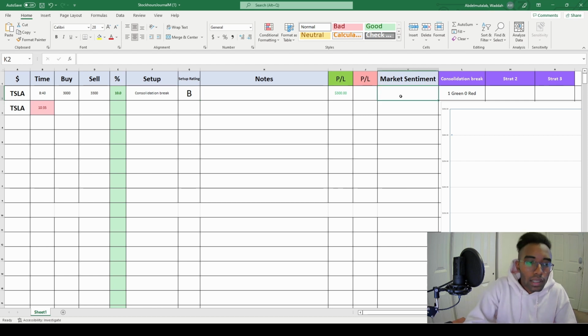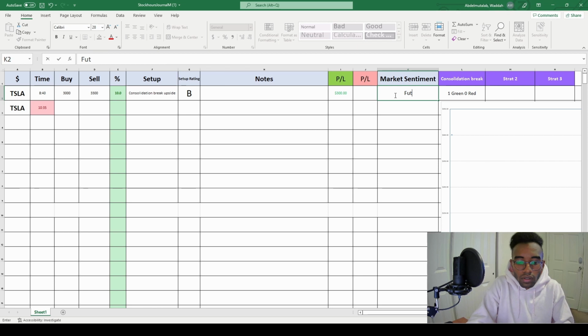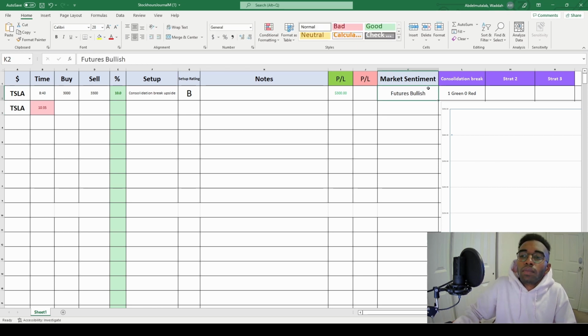Now market sentiment will be what the futures did, or whether the futures were correlating proportionally with your market sentiment. So let's pretend this consolidation break goes to the upside and futures are bullish. So market sentiment is in my favor.